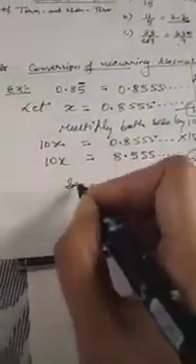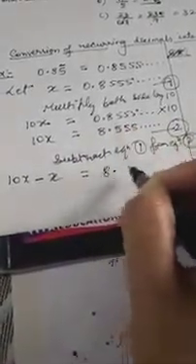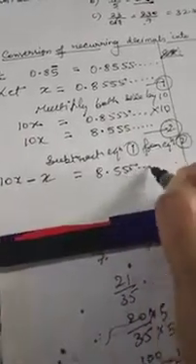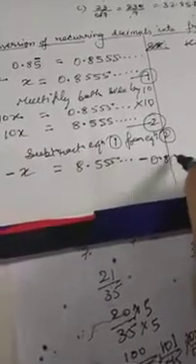Next step, subtract equation 1 from equation 2. Means we have to subtract 1 from 2. On the left hand side, 10x minus x, and on the right hand side, equation 2 is 8.555 dot dot dot minus 0.8555 dot dot dot.